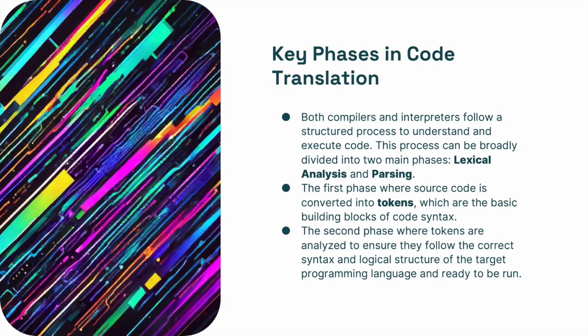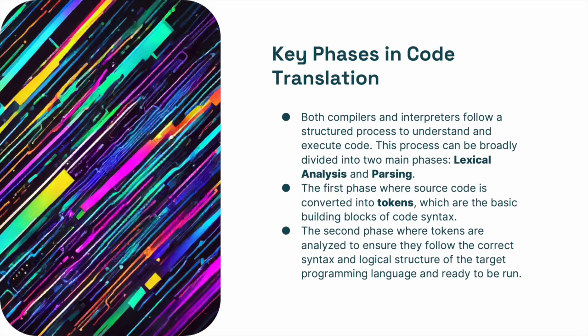So let's quickly recap the two key phases we've talked about: lexical analysis and parsing. Lexical analysis is where we break the source code into tokens, and then parsing steps in to arrange those tokens and ensure they follow the programming language's rules.